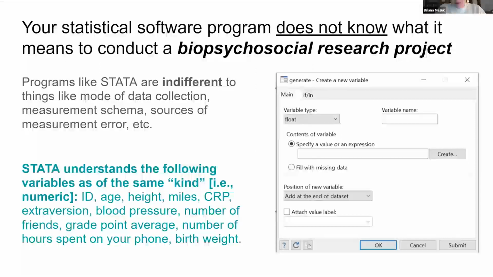But the sources and the amount of measurement error across those variables are very different, right?